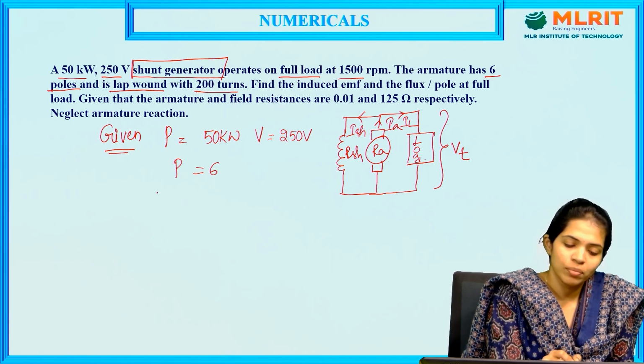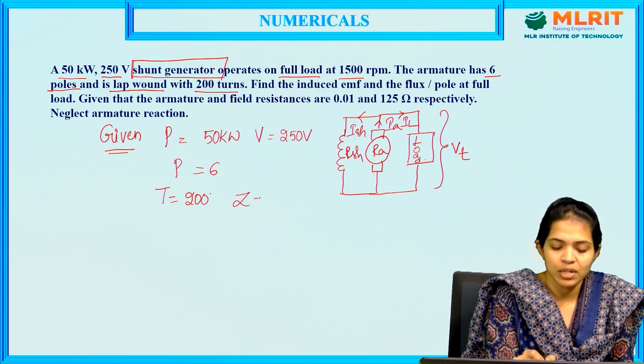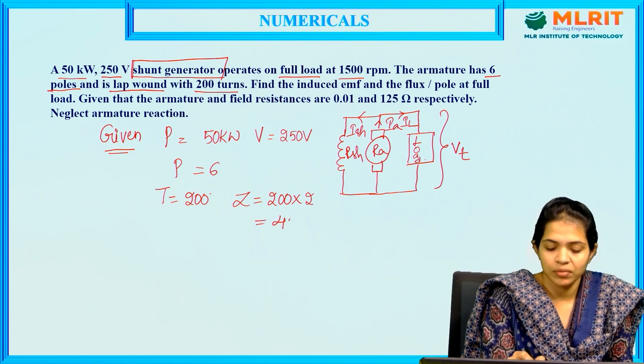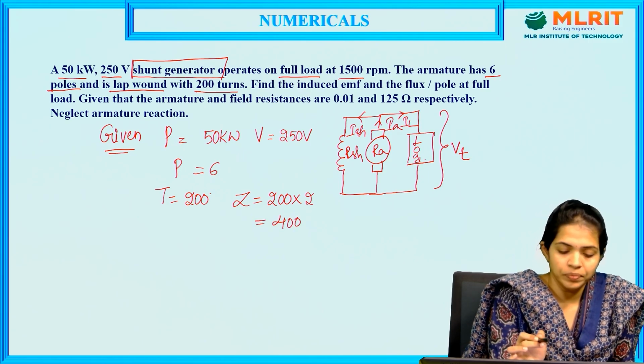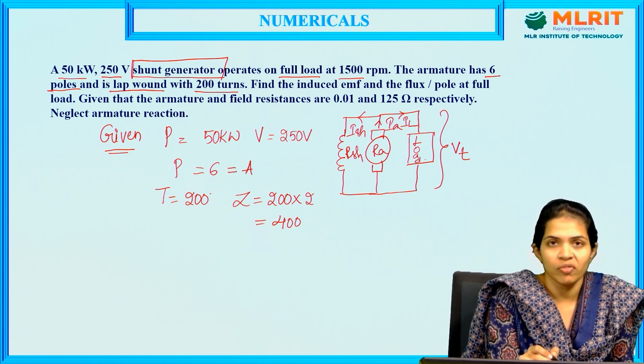So for this lap wound machine, the number of turns is given as 200. The number of conductors will be twice the number of turns, which is nothing but 400. As it is a lap wound machine, the number of parallel paths will be equal to the number of poles again.